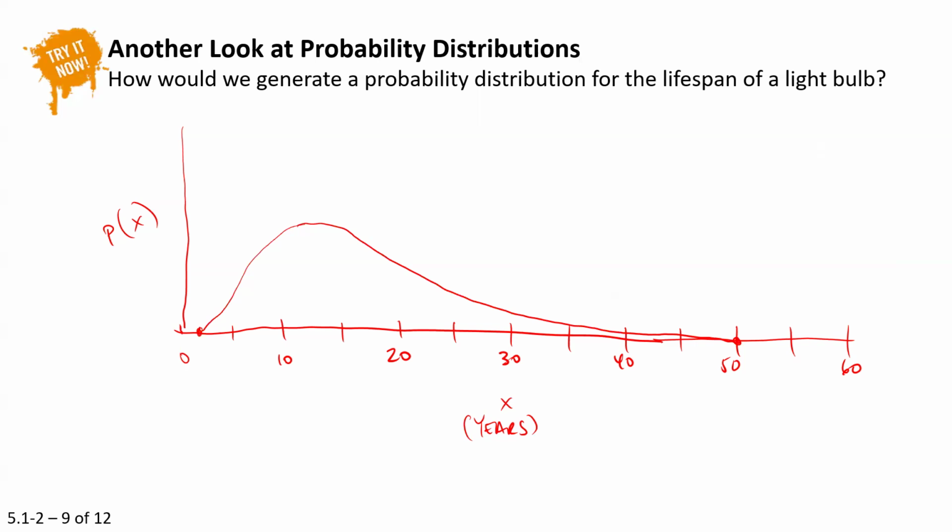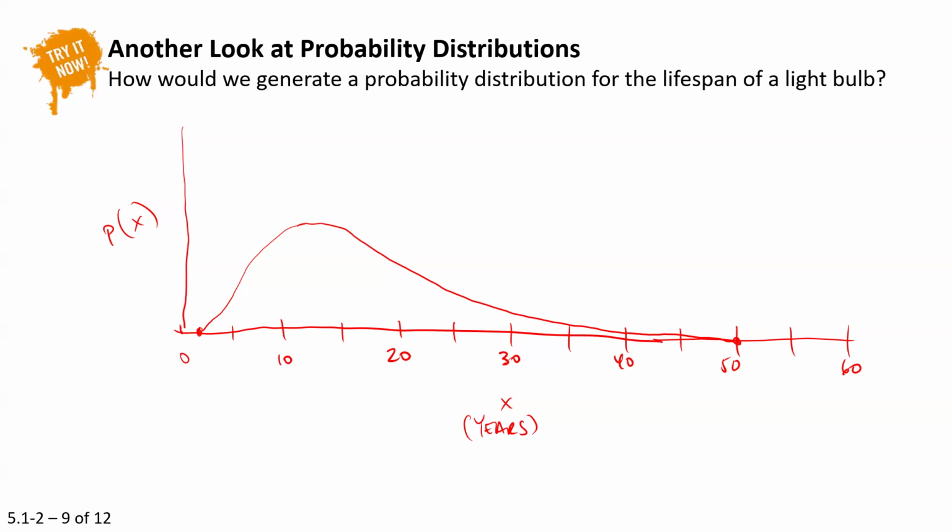Are we dealing here with a discrete variable or a continuous variable? Discrete or continuous? In what way? Because after years, it's okay, well, that's true.